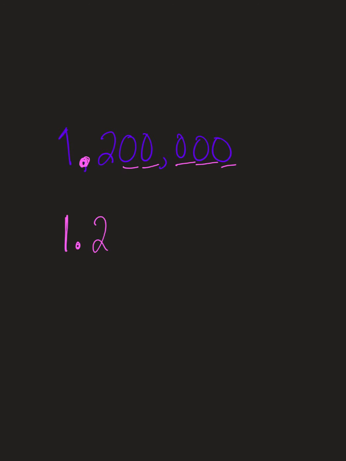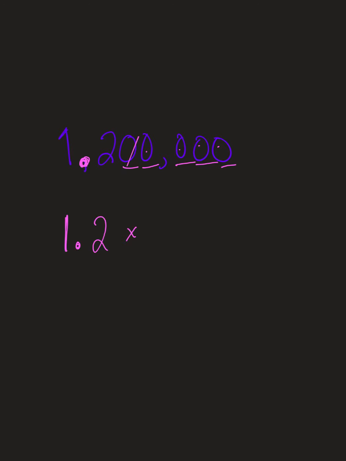So as long as they're not placeholder zeros, meaning there's some other number over here that is equal to something other than 0, then I can just drop them and ignore them in my final scientific notation.